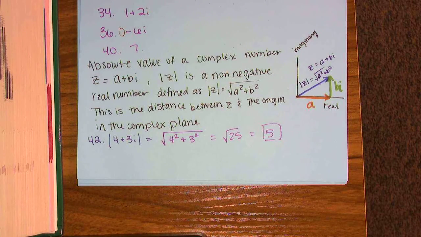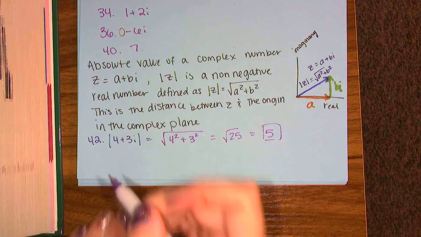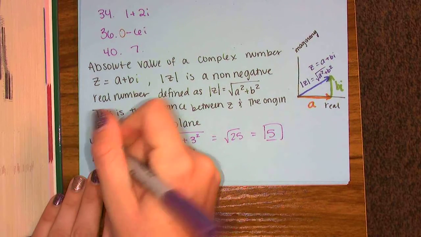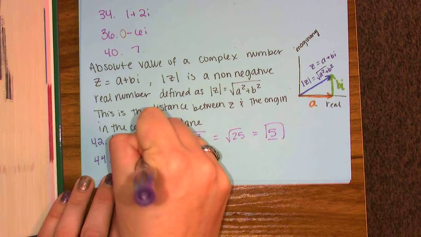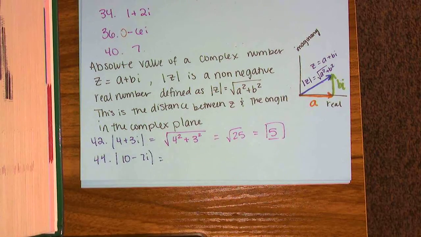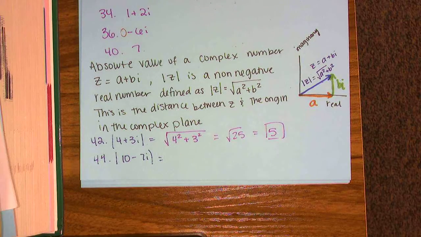Let's see. If there's not a real term or an imaginary term, you just put a 0 there. Okay, so it's just 0 squared. 44. This will be the last one, and then I'll give you your problems. The absolute value of 10 minus 7i. So what do I put here in the square root?